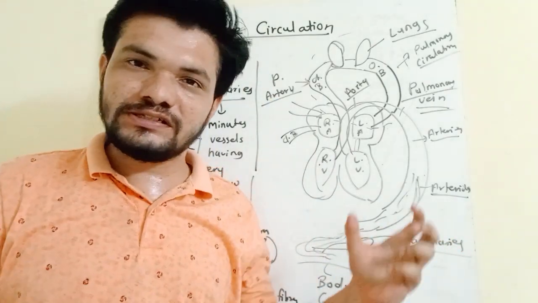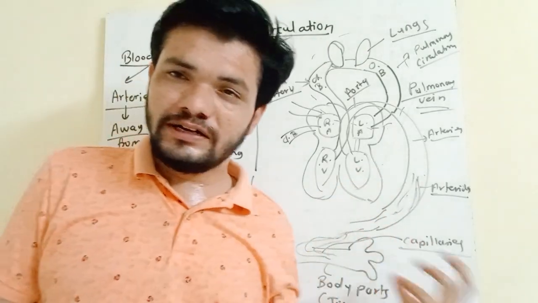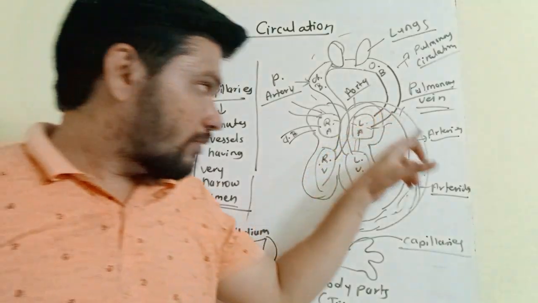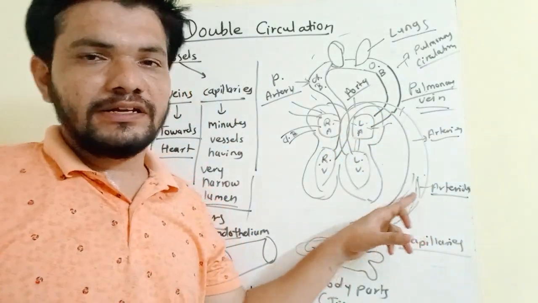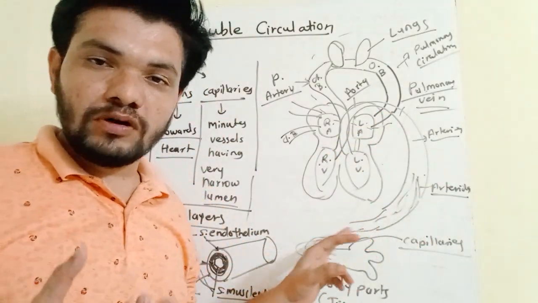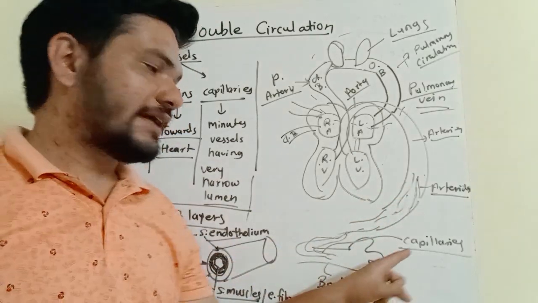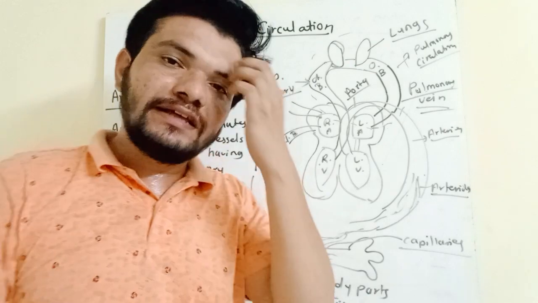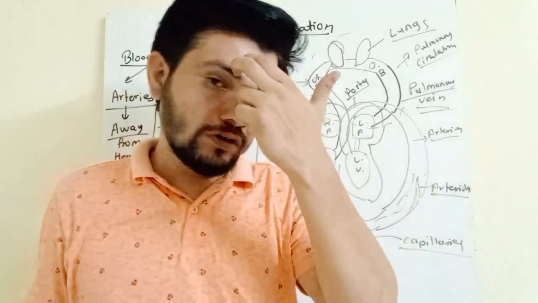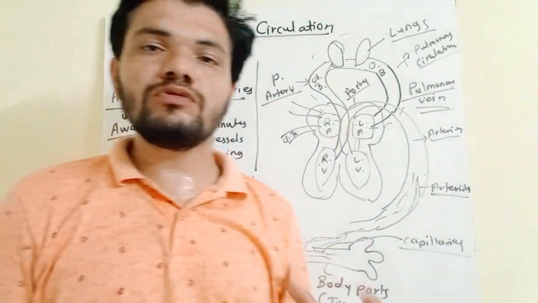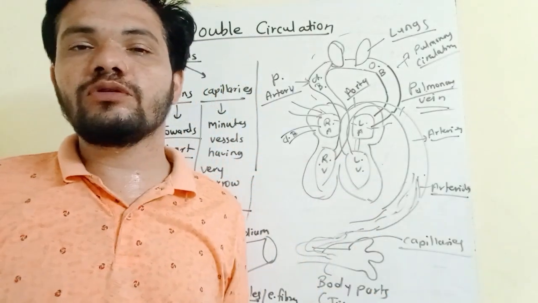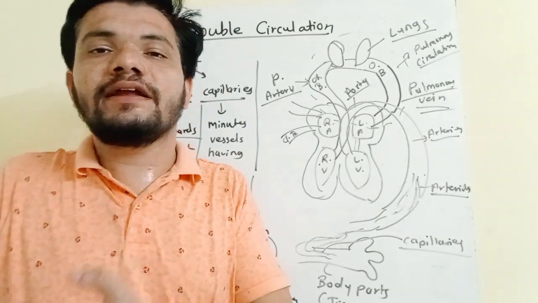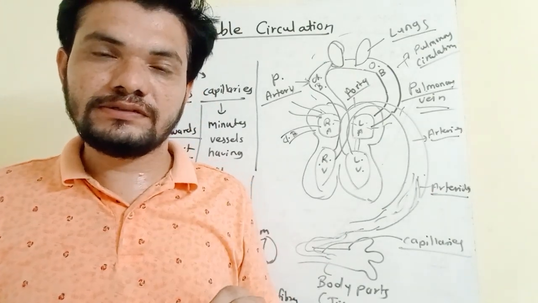So basically this oxygenated blood carries the oxygen, and your tissues need oxygen along with the nutrients also. So that's why this oxygenated blood, along with the nutrients and the essential substances for the cells, will be carried by these capillaries, and then these tissues will again deliver their CO2, which is made during the oxidation of glucose, to the blood, and then the blood will turn again into the deoxygenated state.